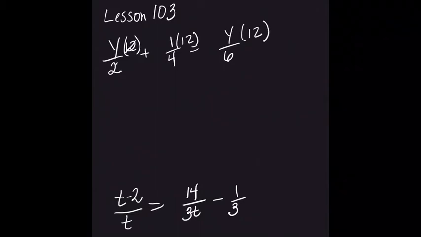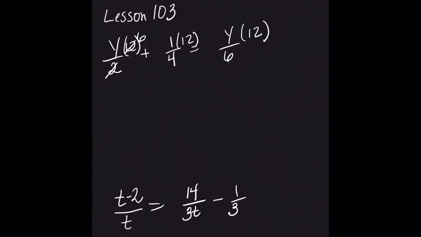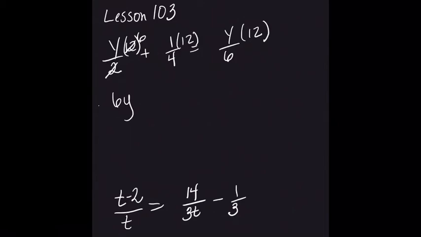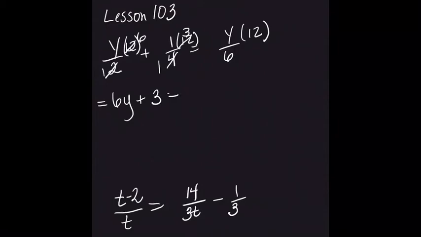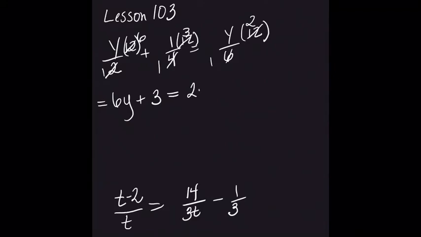We can cross cancel, and here our 12 becomes a 6, so we get 6y plus 3 equals 2y. Actually, I did not need that equal sign.